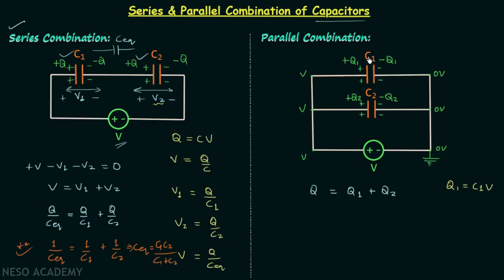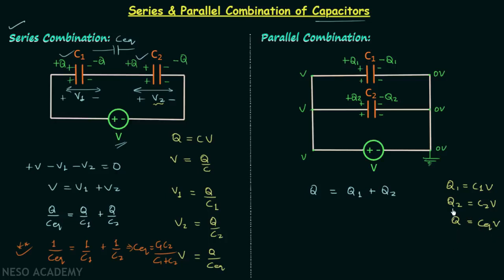C1 is the capacitance of the first capacitor and voltage across the first capacitor is V. So Q1 is equal to C1V, and for second capacitor Q2 is equal to C2V, and if we have one equivalent capacitor in place of these two capacitors, then Q will be equal to C equivalent V.